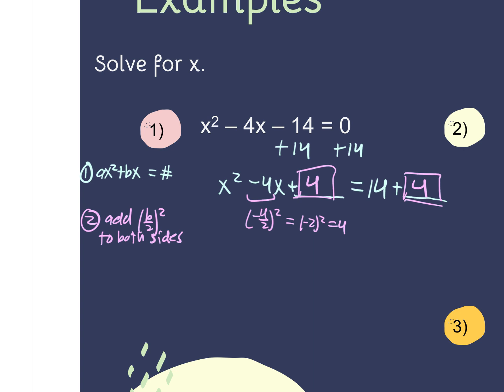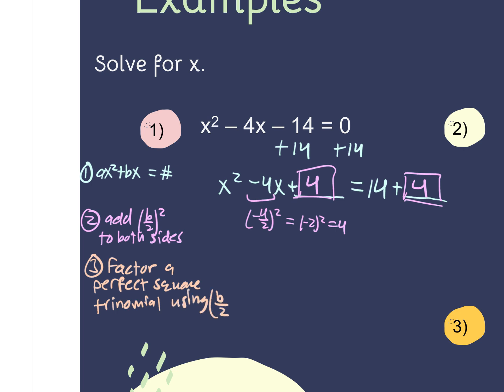And then after that, the whole point of doing this is because we want to factor a perfect square trinomial, using b over 2. Now, b over 2, what we just found, was this negative 4 divided by 2, which got us this negative 2 right here. If you didn't recognize that, you could look at this side of the equation and ask yourself, how does this factor?